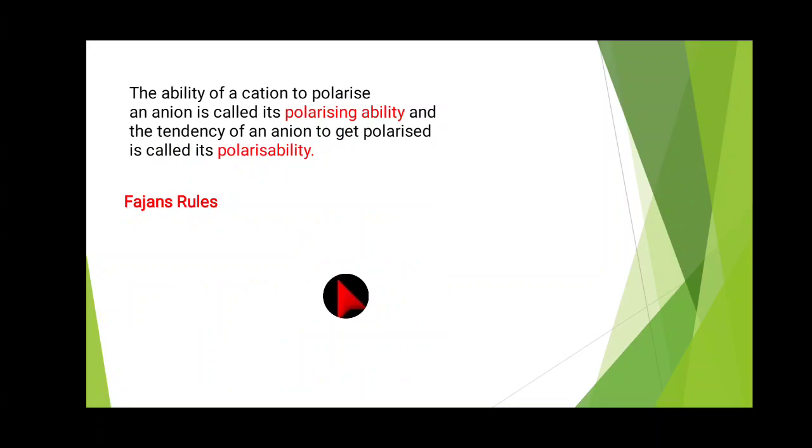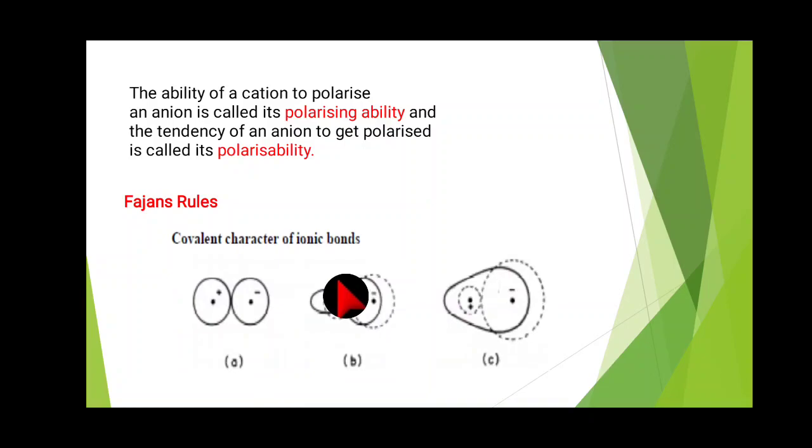And the tendency of an anion to get polarized is called its polarizability. So regarding polarization, polarizing ability and polarizability, we can find Fajan's rule.